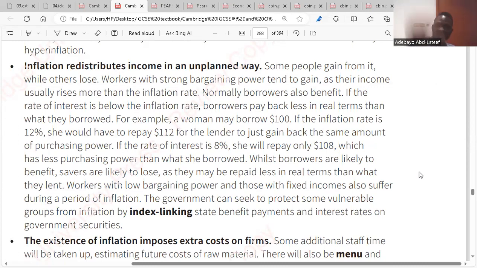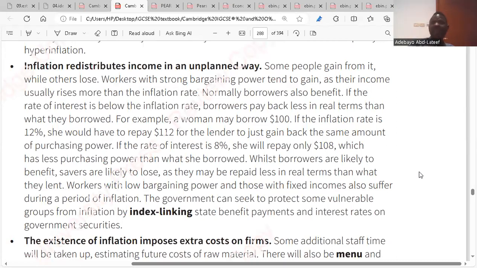Their disposable income would fall. They won't be able to buy as much. That's inflation. It's going to affect them. Some people will make more money, for example, those that have bargaining power to negotiate their salary to be able to get more.